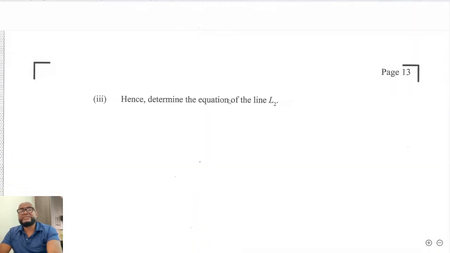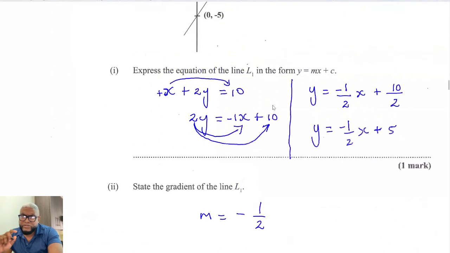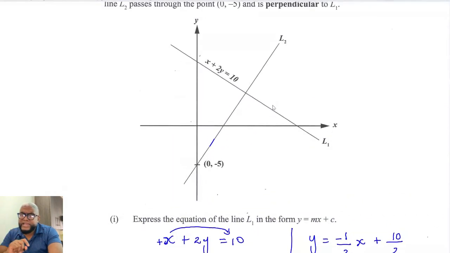Let me go on. Hence, determine the equation of the line L2. To determine the equation of the line L2, I must have the gradient of the line, which we don't know, and we must have a coordinate on the line L2. And we have a coordinate on the line L2. What's our coordinate on the line L2? 0, -5. You see that? This is a coordinate. It also gives us the y-intercept.